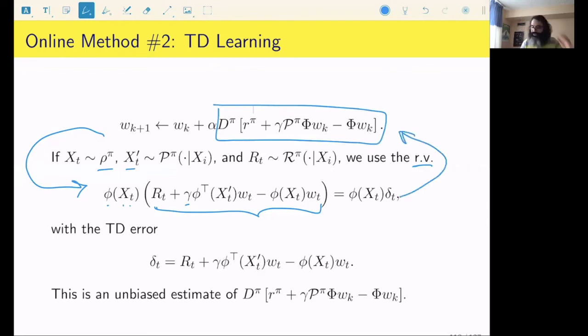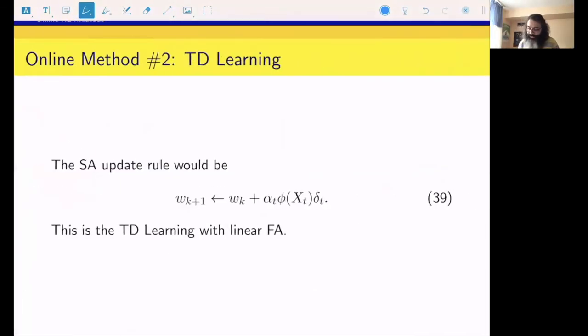We can also write this sample-based Bellman residual, which we had called the TD error, that would be delta_t, exactly this thing. So we can write this random variable in a more compact way as phi(x_t) times delta_t. So that's great. We have an unbiased estimate of that quantity, so we can think of a stochastic approximation procedure to estimate it.